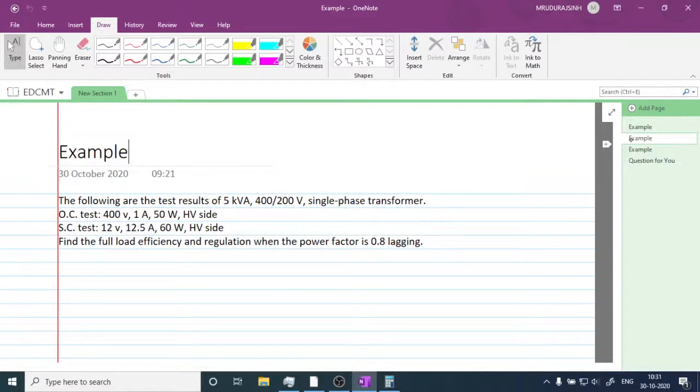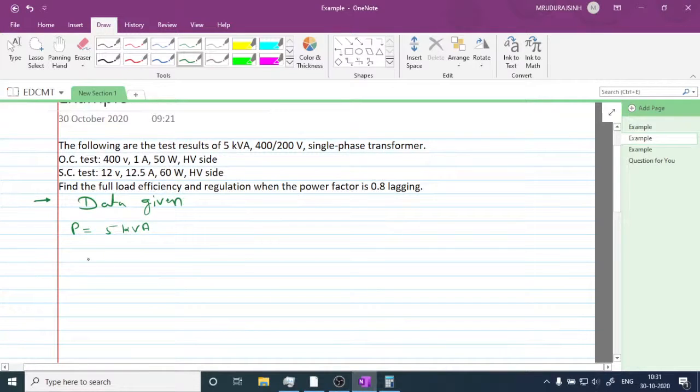So now let's start our example number 2. Let's take our green pen and write data given. So whatever the data given to us is, the following are the test results of 5 kVA. So the rating of transformer is 5 kVA.